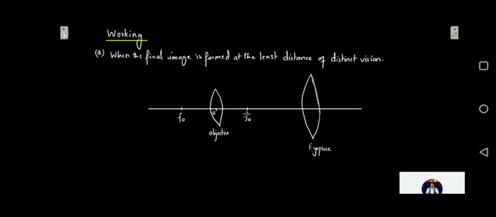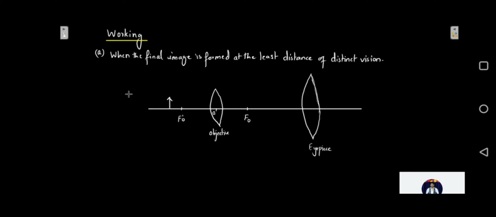So this is the first focus, capital Fo, and this side is going to be your second focus, so let us put it as Fo dash. This is the second focus. I'm going to place my object AB at a slightly greater distance than the focal length.